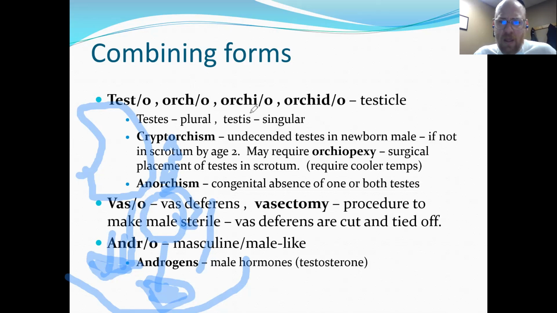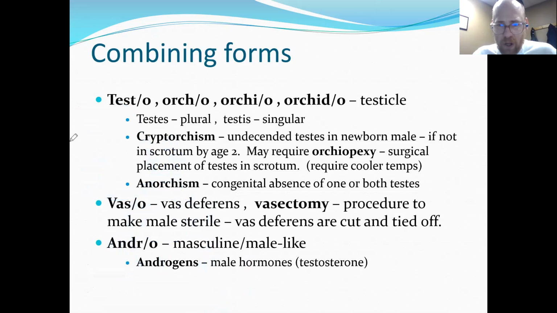Generally, when the child is small or a toddler, they will go in and pull the testicle down into the scrotum, and then sew the fascia around the testicle to the base of the scrotum, so that the testicle does not reascend into the inguinal canal. That procedure is called an orchiopexy. An orchiopexy.